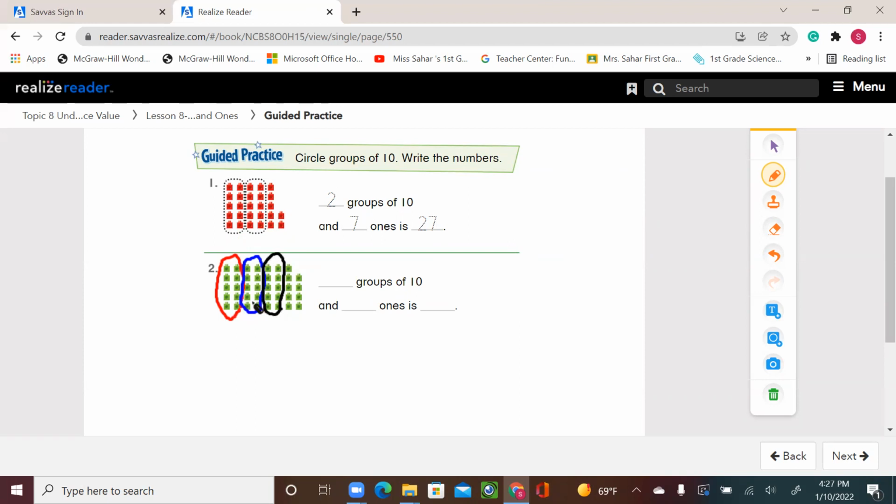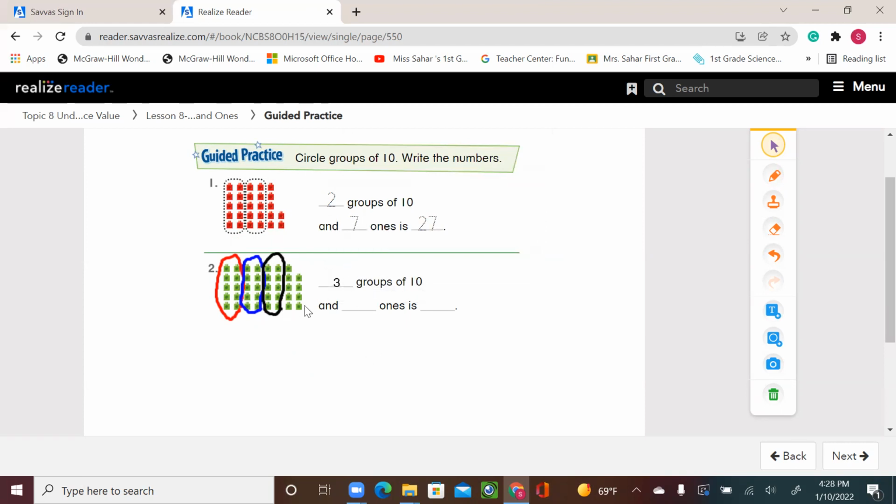So 10, 20, 30. Let's see what I have left over, if it's enough to make a group of 10 or not. So I have 2, 4, 6, 8, 9. So I cannot have a 4th group of 10. That means I have three groups of 10s. So I'm going to write 3.